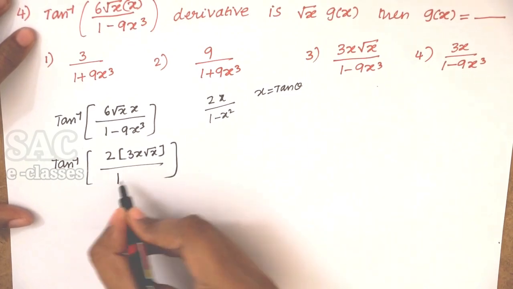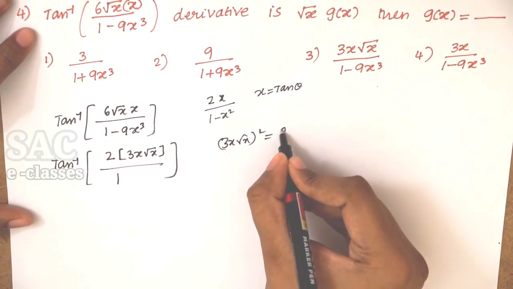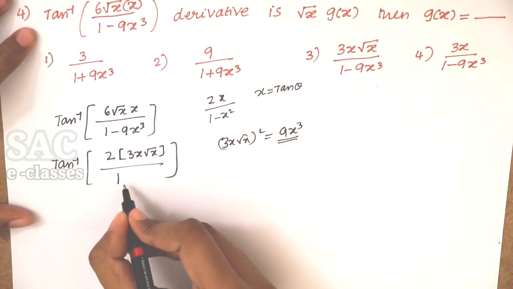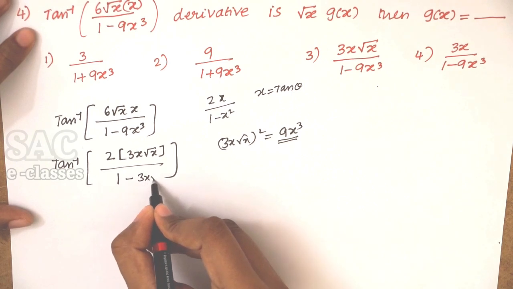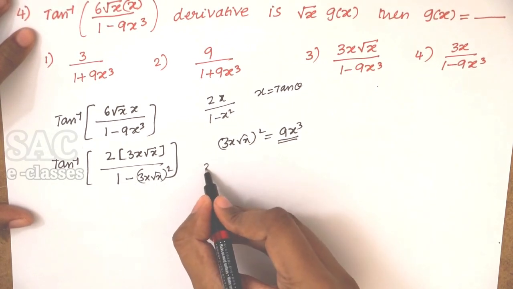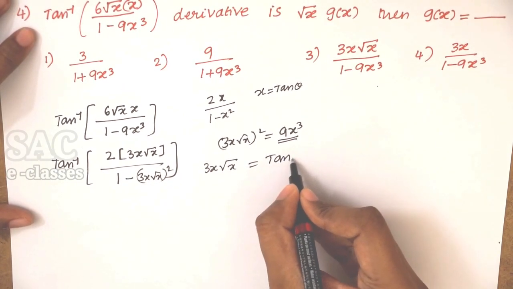Verify that. Is 3x root x whole square the same as 9x cube? Yes, it is 9x cube. Matching. So 3x root x whole square. So let me assume that 3x root x is tan theta.